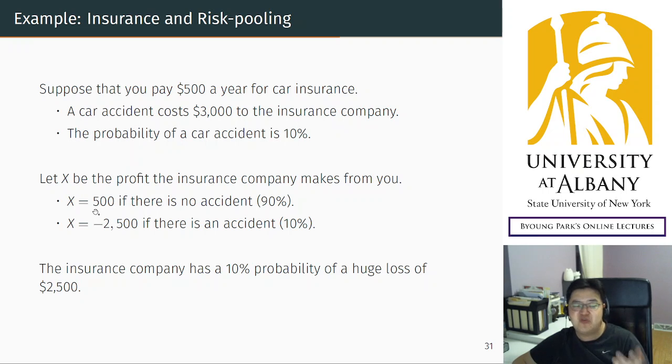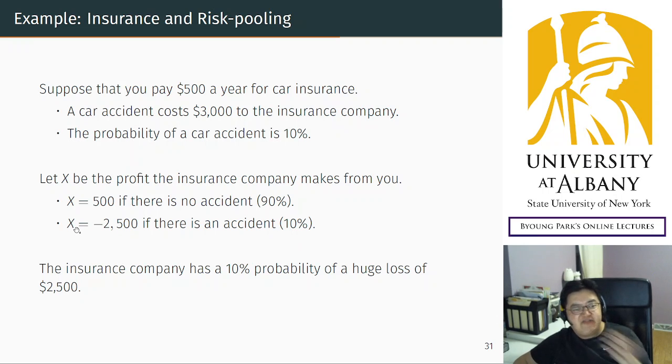This is the premium you paid, but the insurance company does not pay anything to you. On the other hand, with 10% probability, the insurance company makes a loss of $2,500, which is a lot. A huge loss and not an ignorable probability.